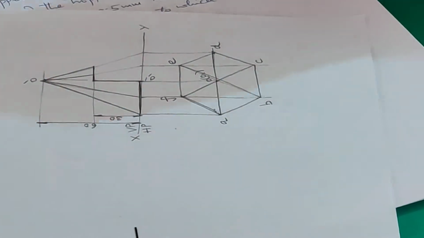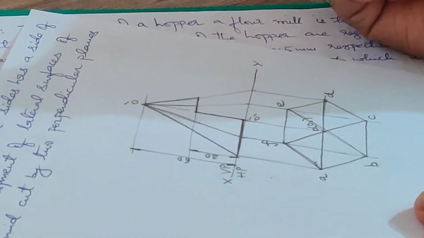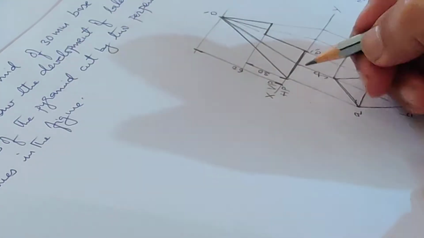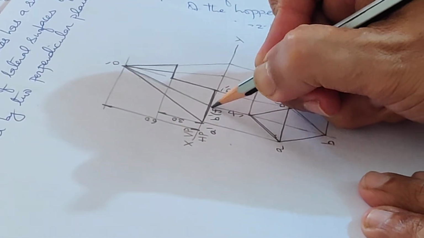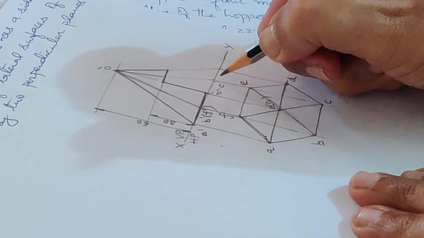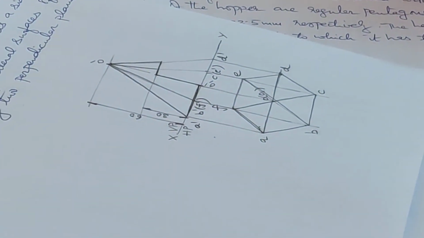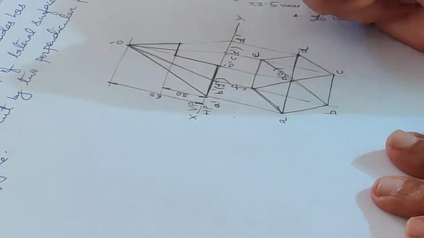Now let us start naming the section points. Let me name the points on the base. This is A dash, B dash, F dash, C dash, E dash and D dash. Let me start from this end.